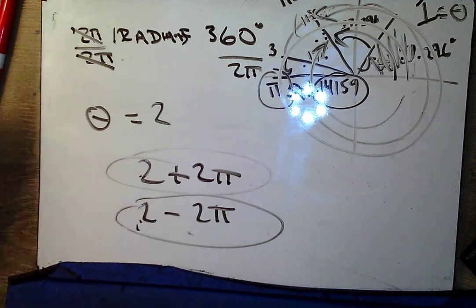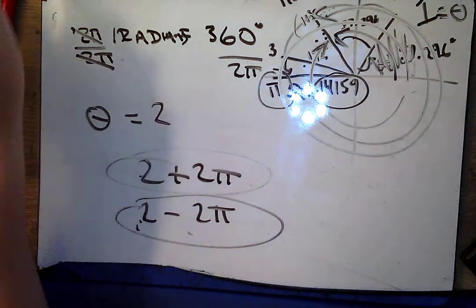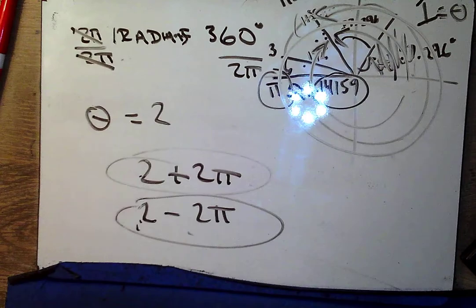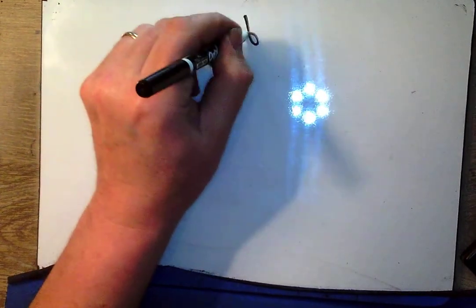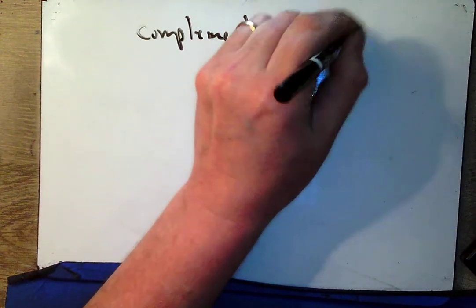Fabulous. Okay, so how's your brain? Is it still alive? Are you able to do this? Let's check. There's one last set of vocabulary that I want to look at with you again. How about complementary angles?